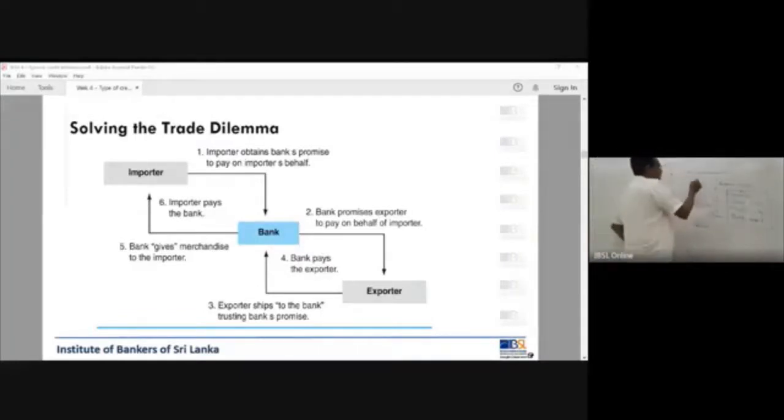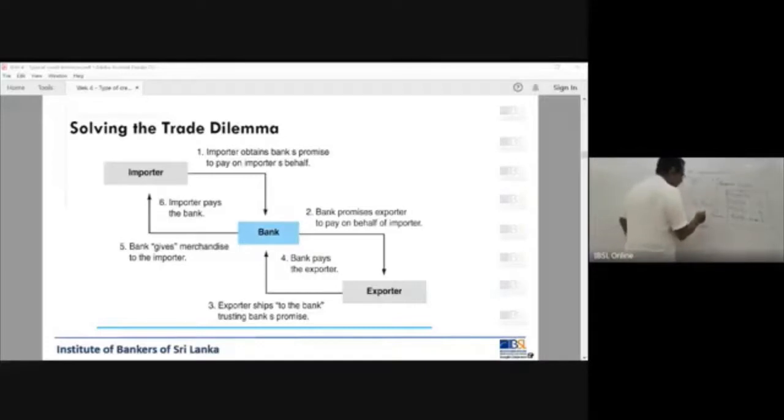A reputed bank comes in. BOC will confirm the payment on behalf of Mr. Pereira.